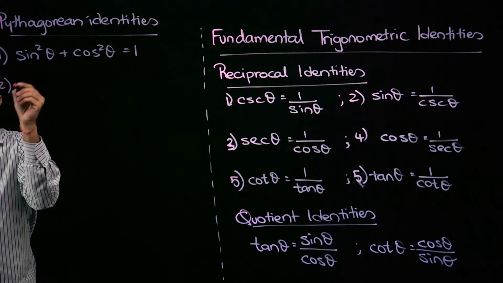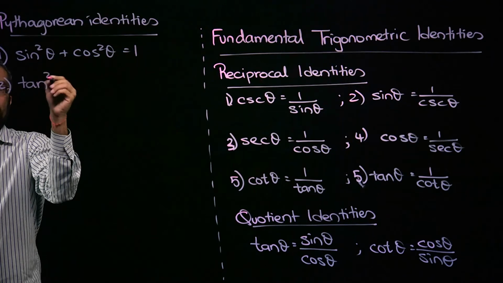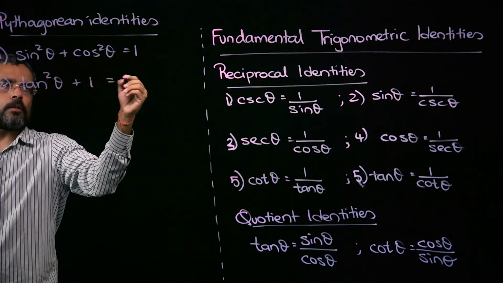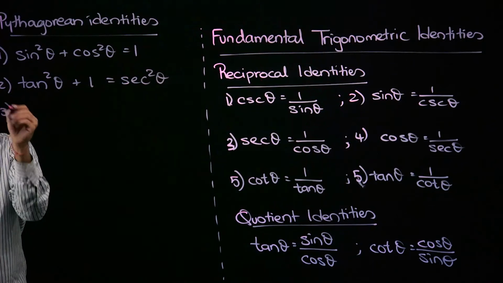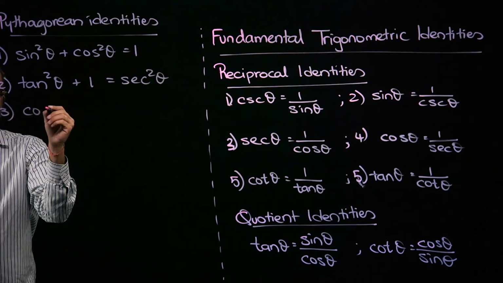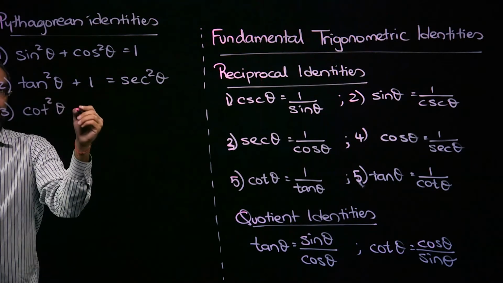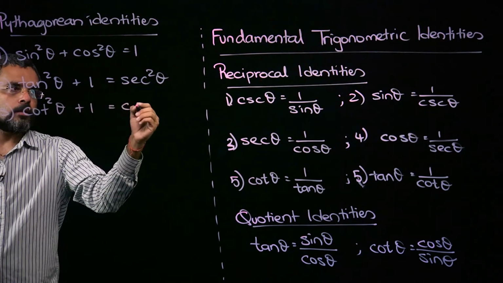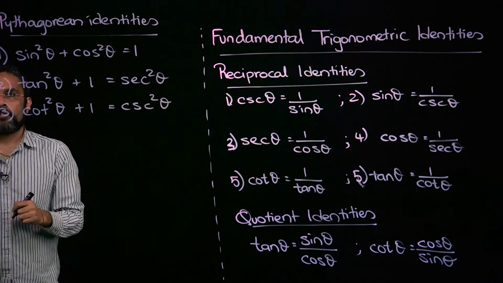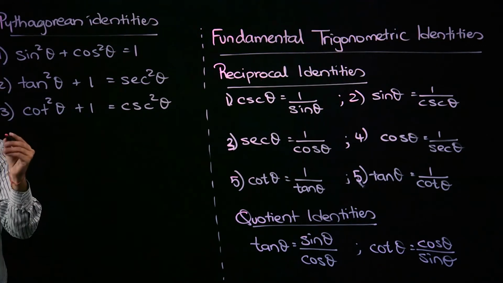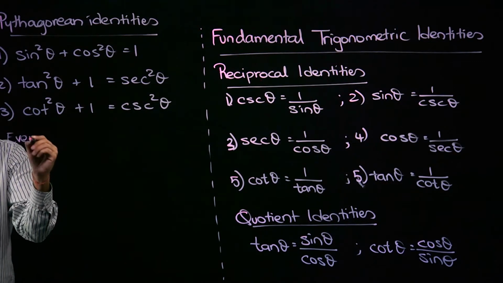Then we have tan squared theta plus 1 equals secant squared theta. And then cotangent squared theta plus 1 equals cosecant squared theta.